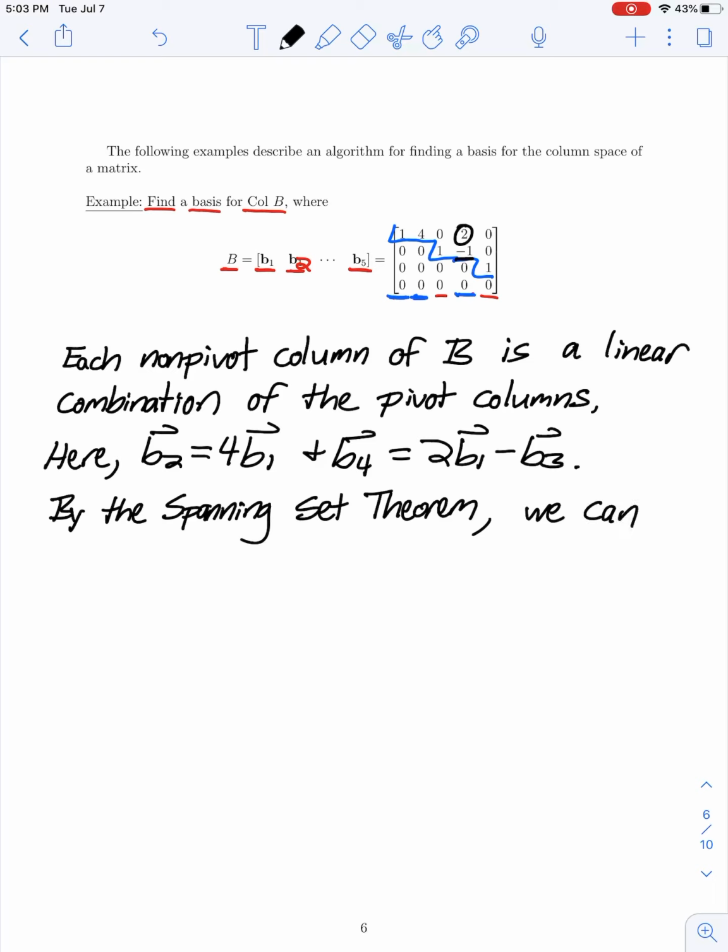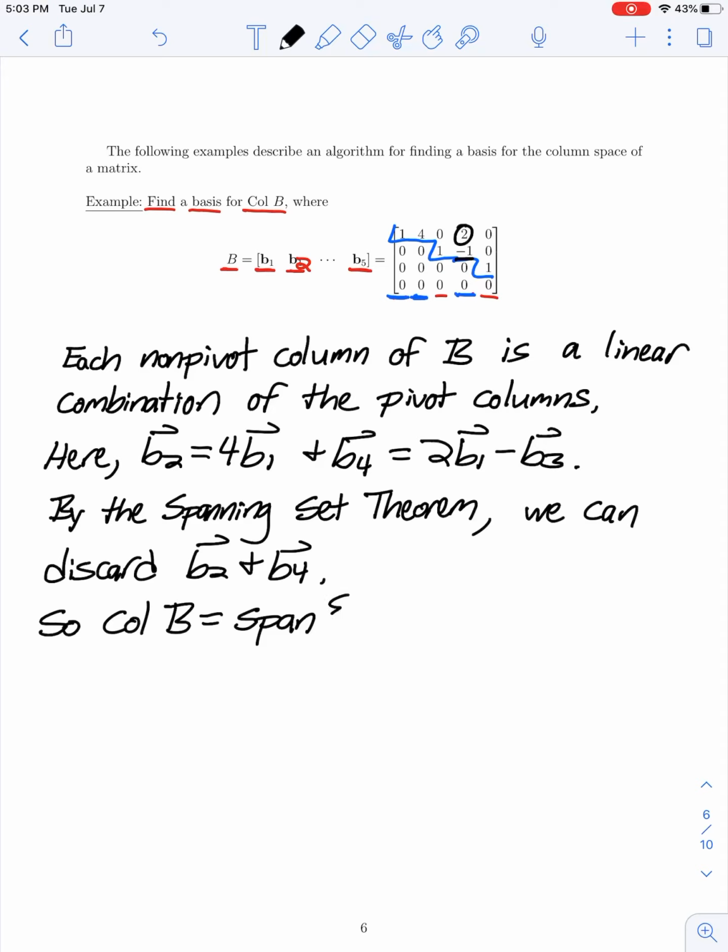So here we'll say we can discard the vectors B2 and B4. So the column space of B, which was the span of B1 through B5, is equivalent to the span of the vectors B1, B3, and B5.